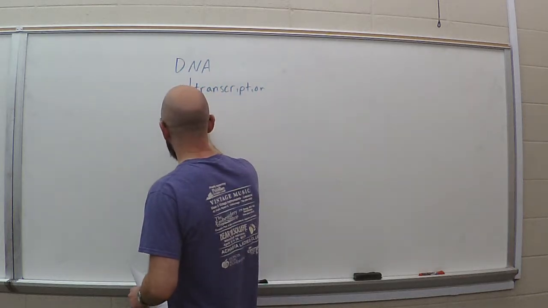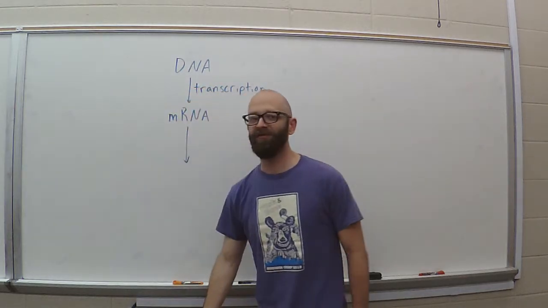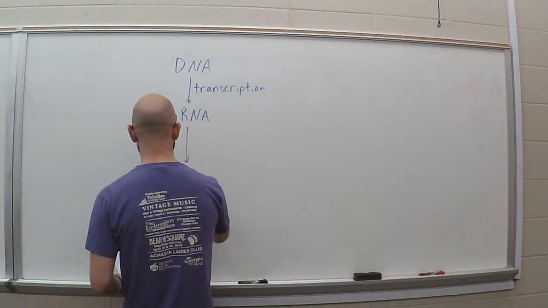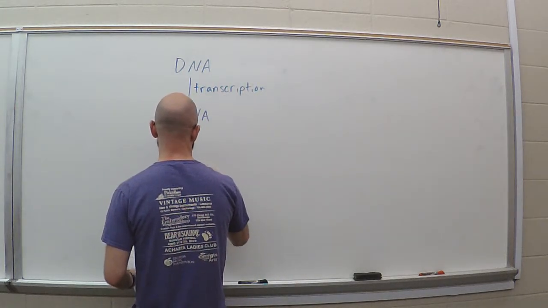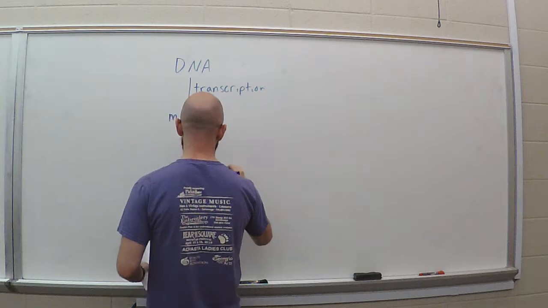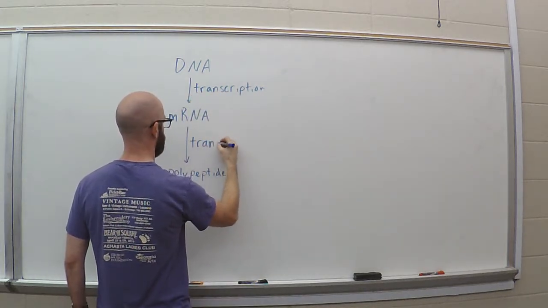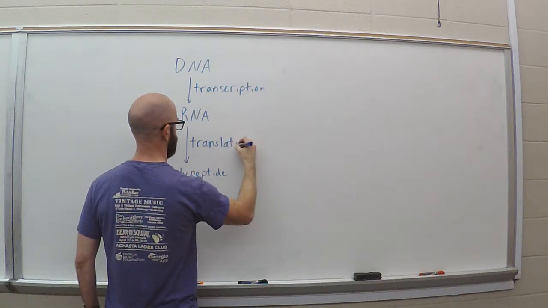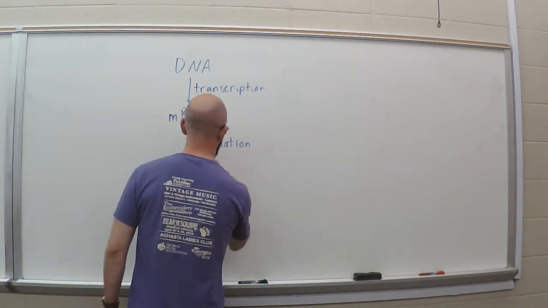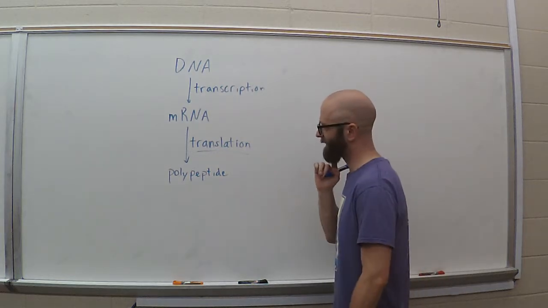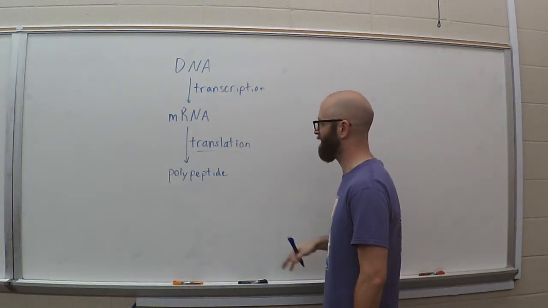And then that RNA copy is used as a blueprint to make the polypeptide. That process is called, we already learned about it, translation. We've already talked about this, not in much detail, but we did touch on it.